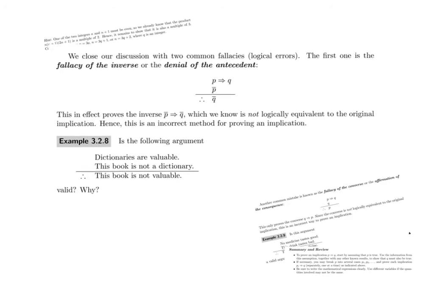So the last things we need to talk about in this section are some fallacies to watch out for. These are some pitfalls, some logical errors that people tend to make. The first one we're going to talk about is the fallacy of the inverse, or the denial of the antecedent.